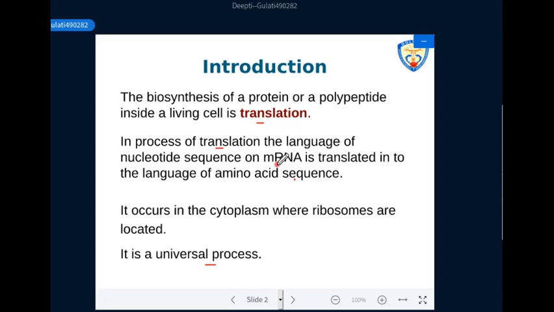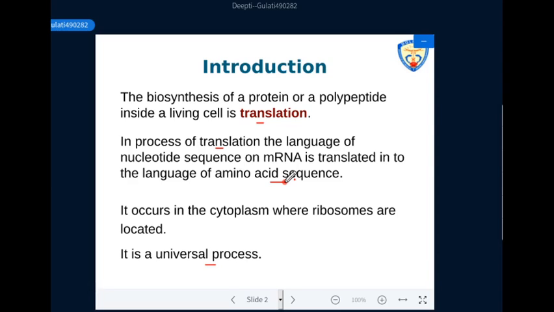Now, what happens in translation is that the language of the nucleotide sequence on the messenger RNA is translated into the language of an amino acid sequence. So messenger RNA acts as a messenger between our genetic material, that is DNA, and the polypeptide chain that is being synthesized.